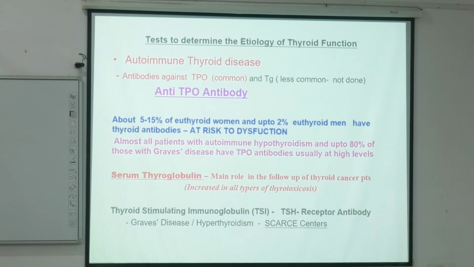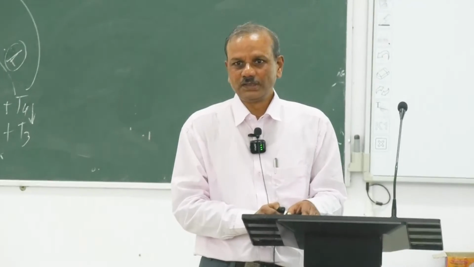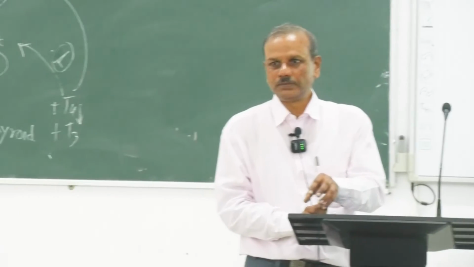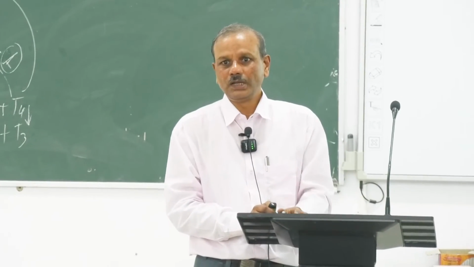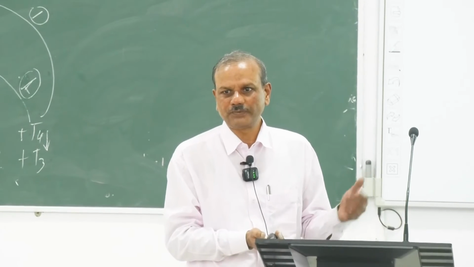Whether this thyroid disease has an autoimmune basis or not, for that we need to determine anti-TPO antibody, which shows that the body is mounting an immune response against its own element, the thyroid peroxidase enzyme, which is there to make thyroid hormone. So if anti-TPO antibody is there, then this TPO will not function.